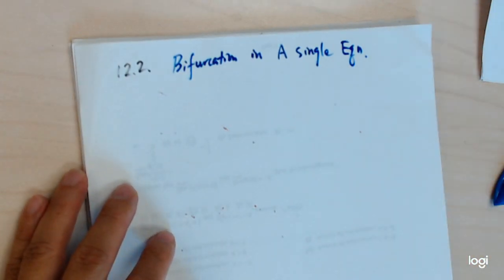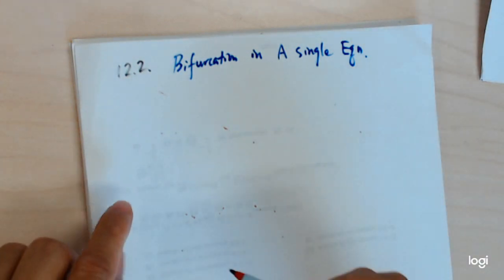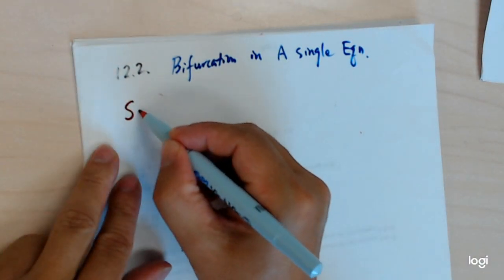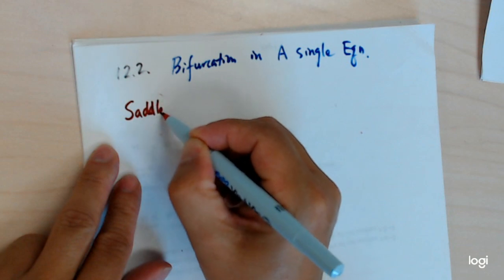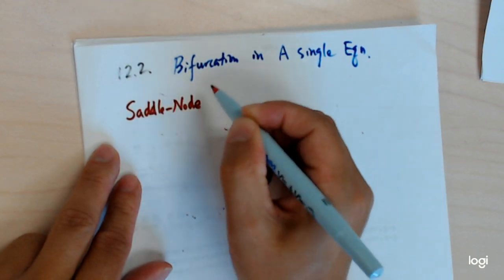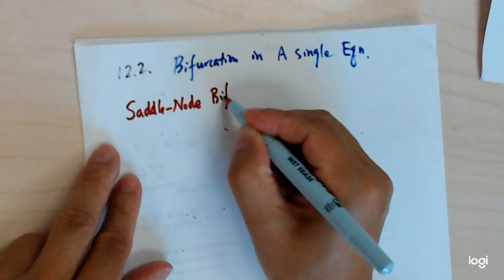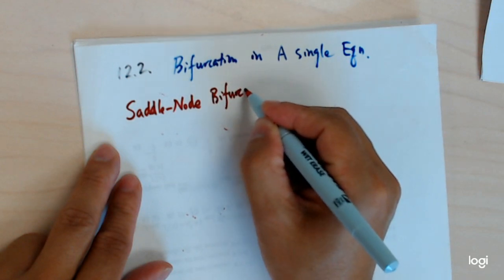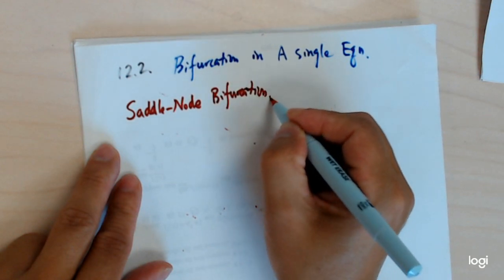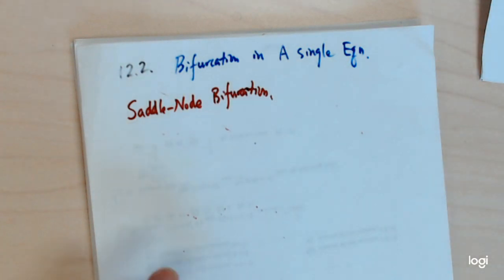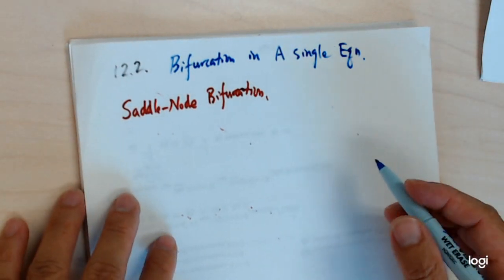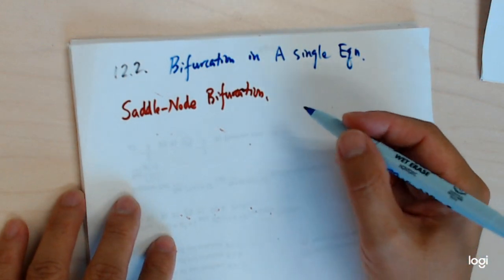The first type of bifurcation is what we call saddle node bifurcation. This simply refers to the case where equilibria are being created or destroyed.